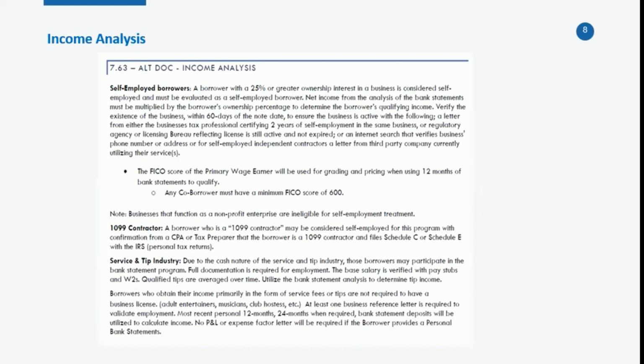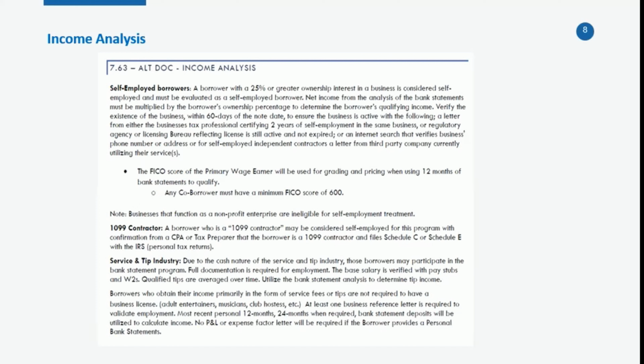So the percentage of ownership is very important, and they're going to ask you for documentation on the corporation to show the percentage of ownership when they know there are multiple owners. At my previous company we did a lot of loans for companies that had 2 or more owners, and we just gave them the income based off of the ownership percentage.